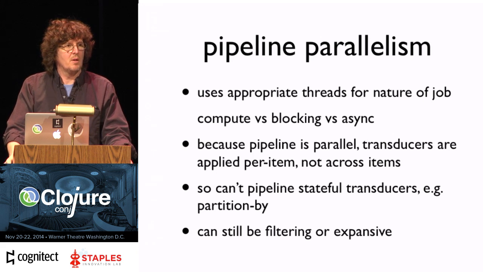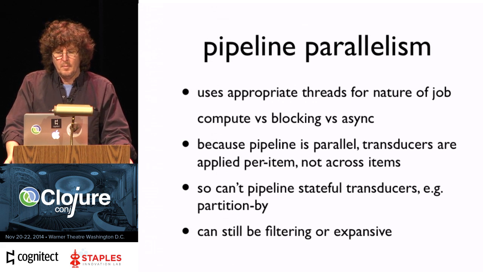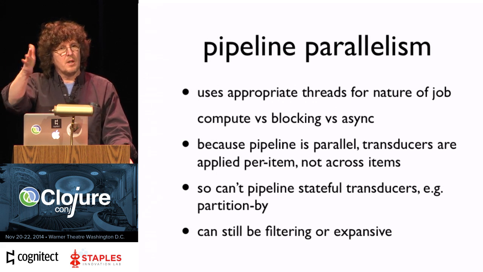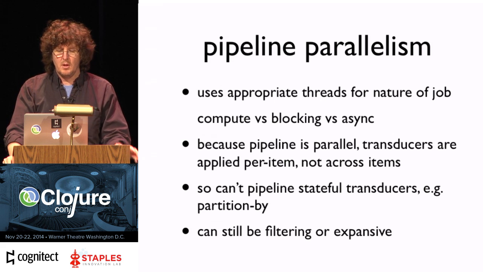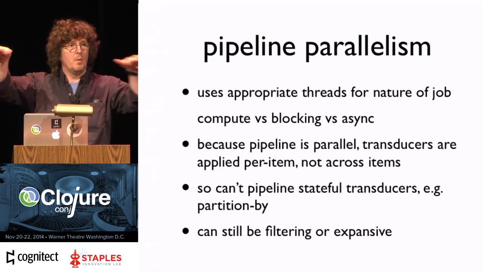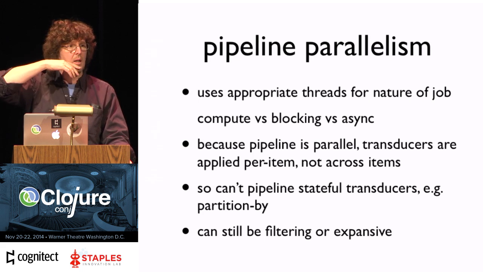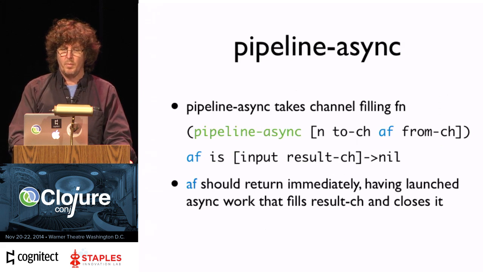There should still be round holes, even though there are square pegs. So because of that, your transducer is a one operation at a time transducer, no state allowed. But they can still be filtering or expansive, right? We can take one thing and return more than one thing. We can take one thing and ignore it. What we can't do is accumulate any information across, no state.